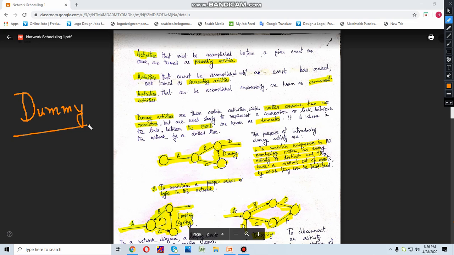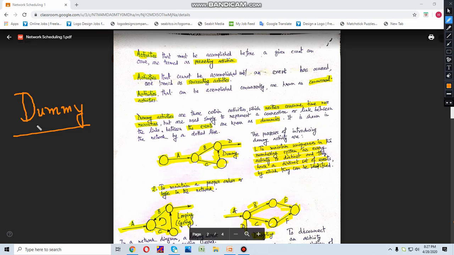This dummy is needed when you are trying to fill a certain gap. You are giving some dummies to complete a certain schedule, a certain network.